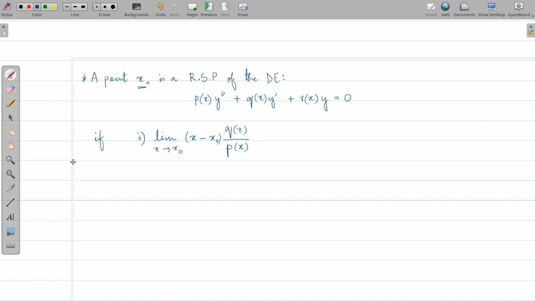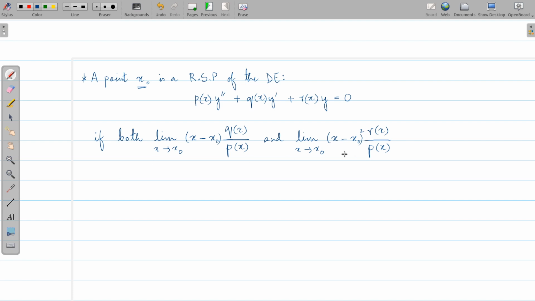Similarly, the other limit is, instead of q in the numerator, I take r, and instead of x minus x naught, I take x minus x naught whole square.